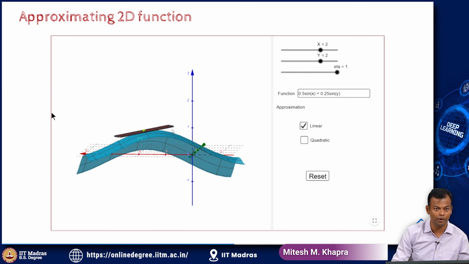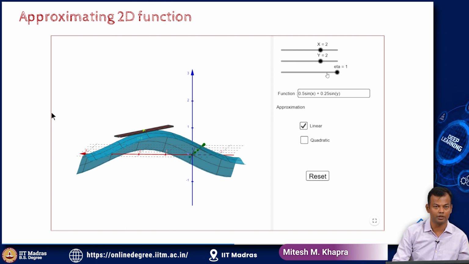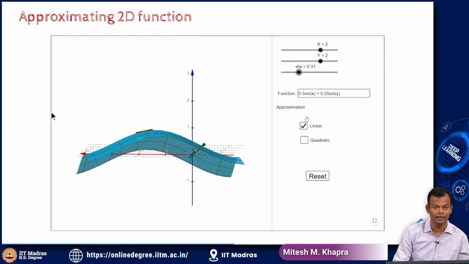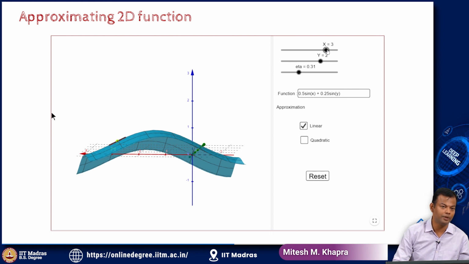If my original point W naught was here, and my new point is very far out of the neighborhood, then the approximation would be bad. But even in the small neighborhood, the linear approximation works quite well. I could also change the value of X, and if I go to a region where the slope is changing, then the approximation accordingly will become good or bad. But that doesn't matter. If you keep the eta small, then your approximations would be good.